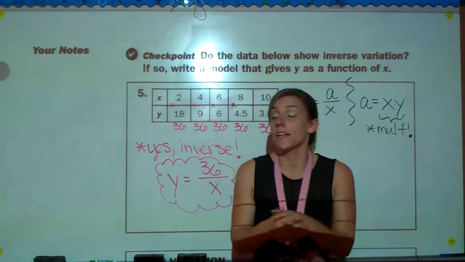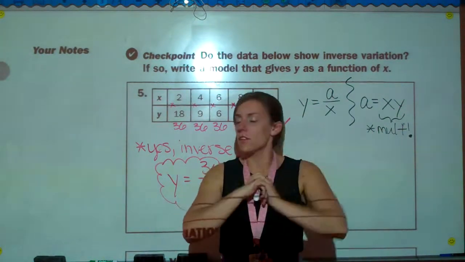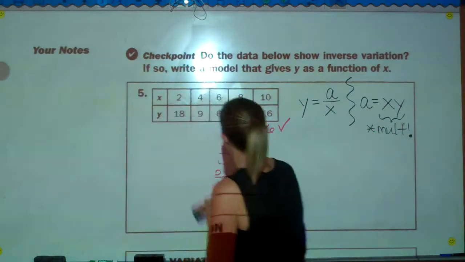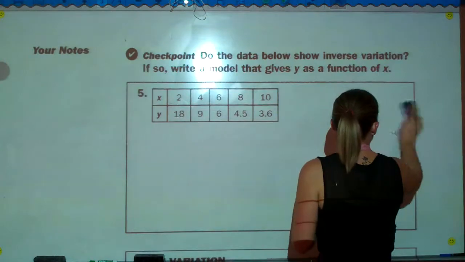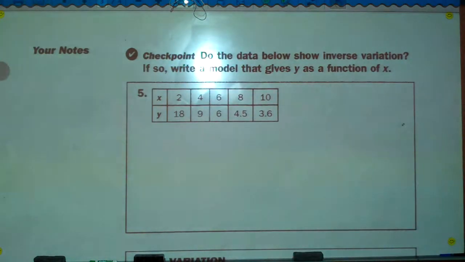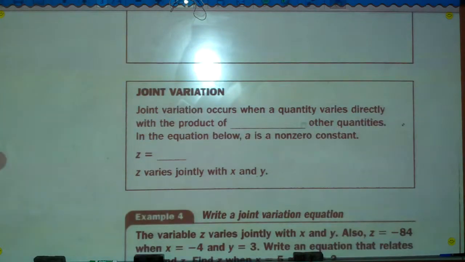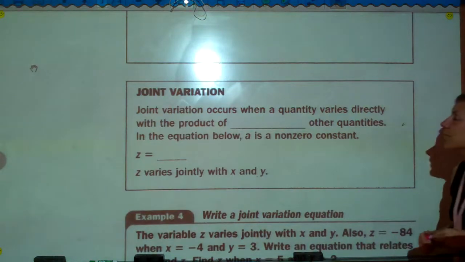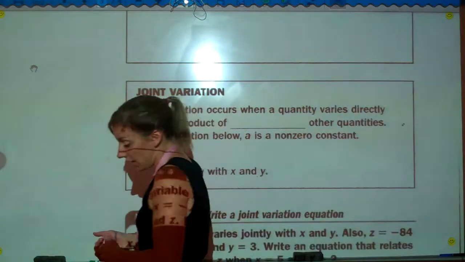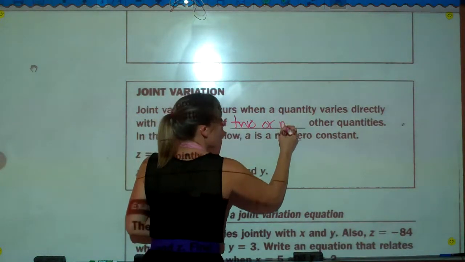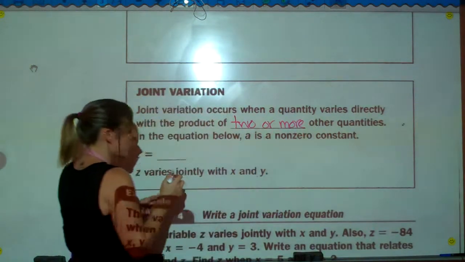Okay, so now joint variation is just a little bit of a build onto direct variation. Not too bad. Okay, joint variation occurs when a quantity varies directly with the product of two or more other quantities.